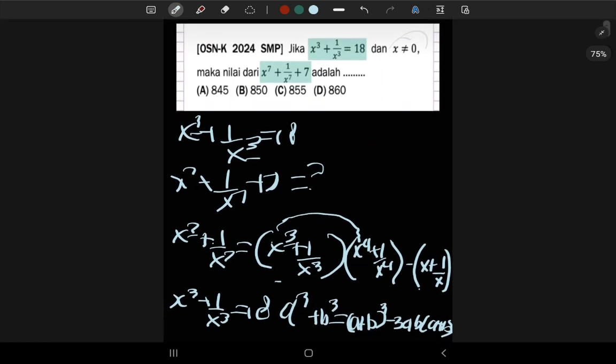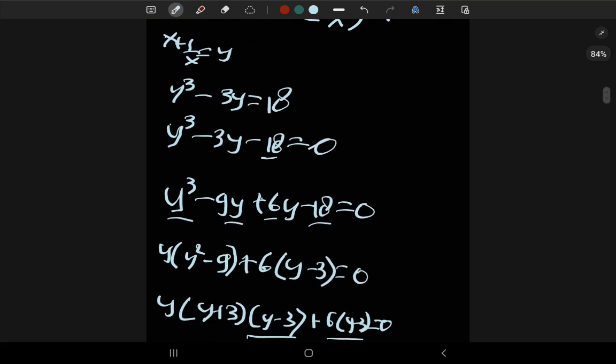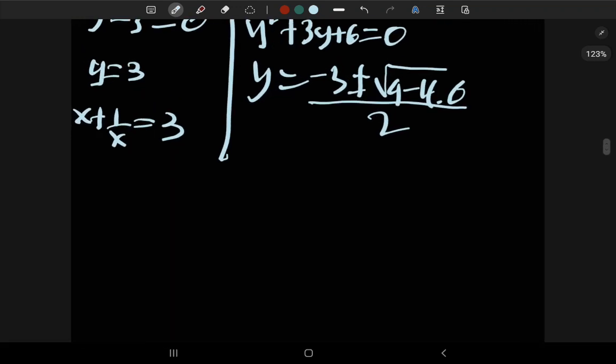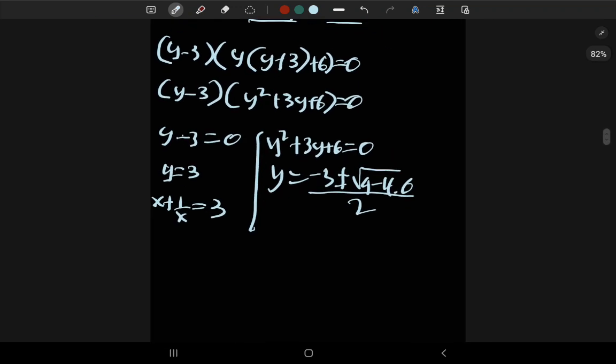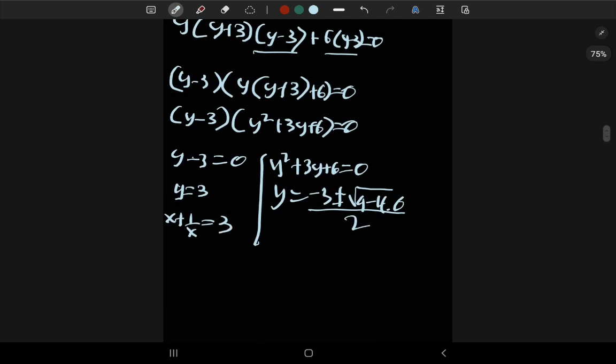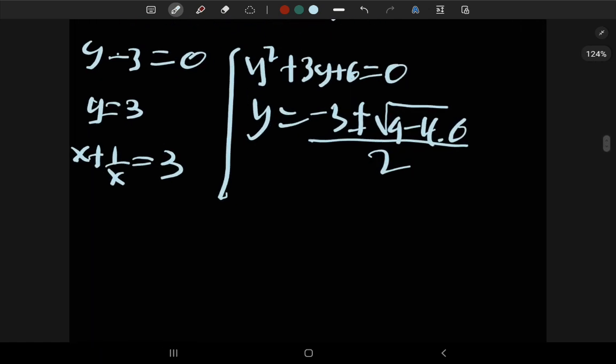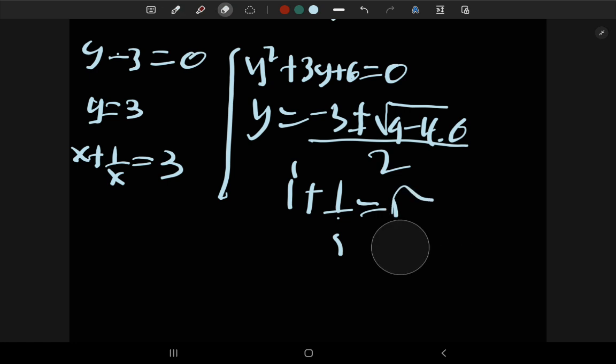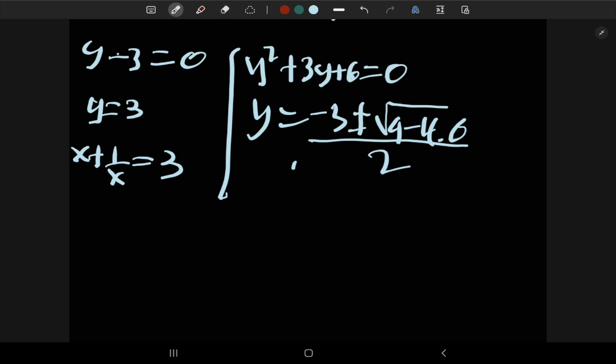It is said that x does not equal 0, and x is real. This solution is imaginary, so an imaginary number plus 1 over an imaginary number does not work.